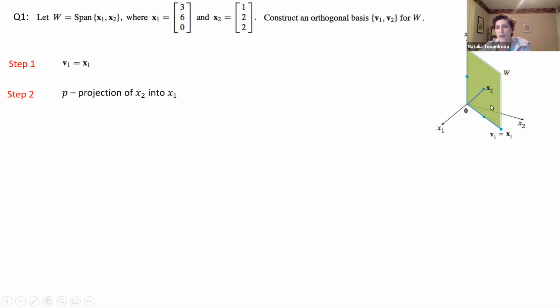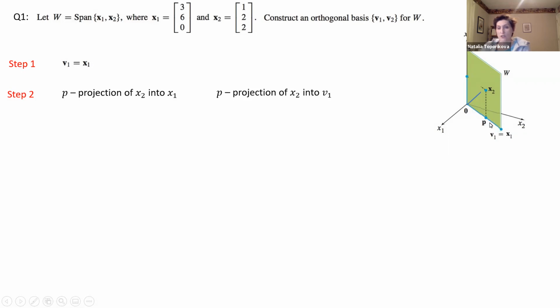We want to create the second vector, v2, which is orthogonal to our vector v1, or x1. So we can use a projection of our vector x2 onto the vector x1. Or, since we just changed the notation, we are actually looking at the projection of x2 onto the newly developed vector v1.